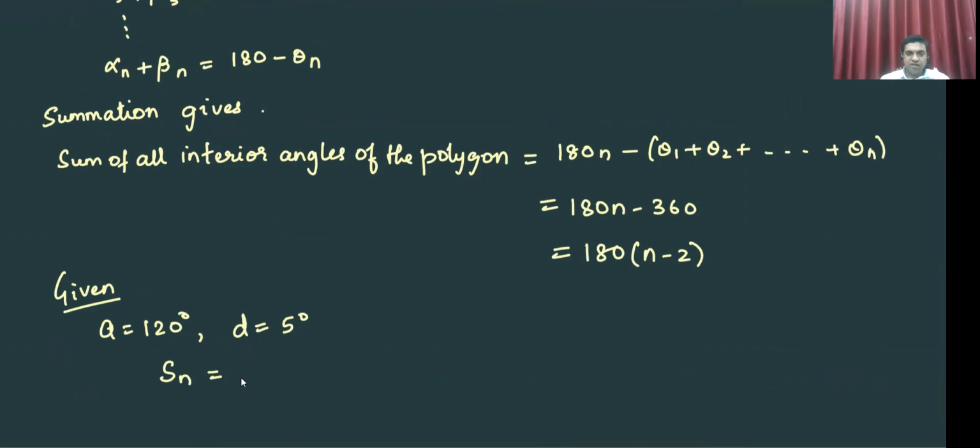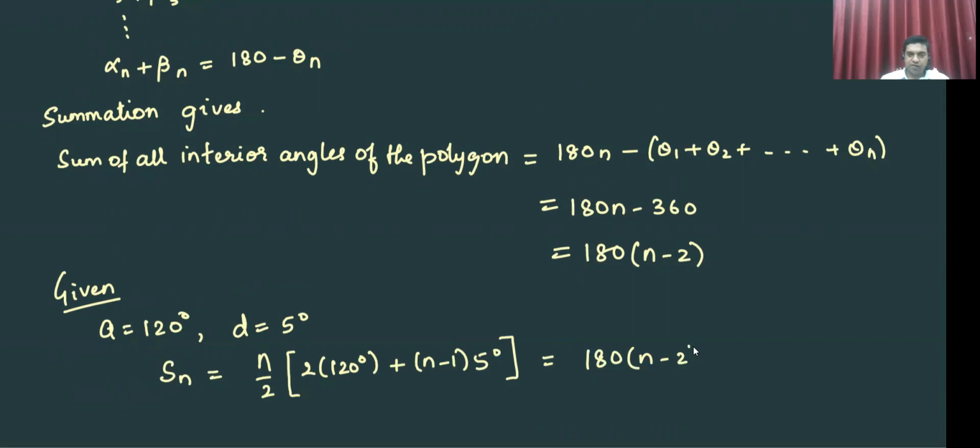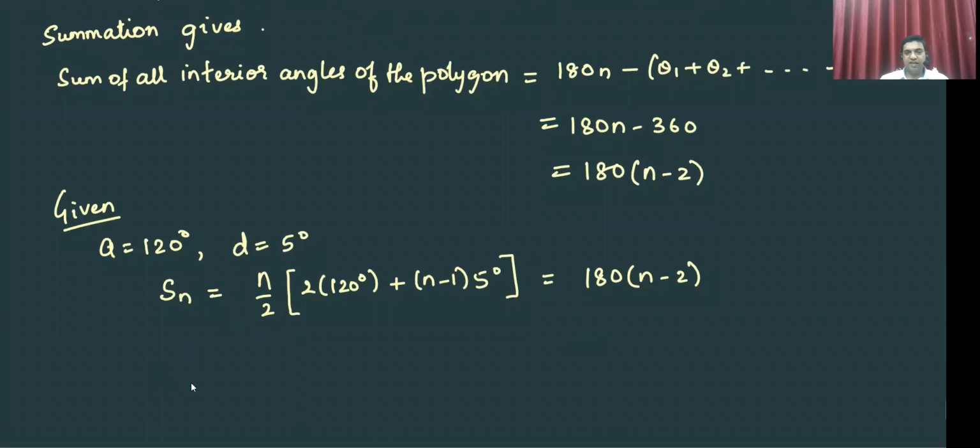So the sum to n terms is n by 2 into 2a plus n minus 1 times d. This is equal to 180 into n minus 2, the sum of all the interior angles. So find n, the number of sides.